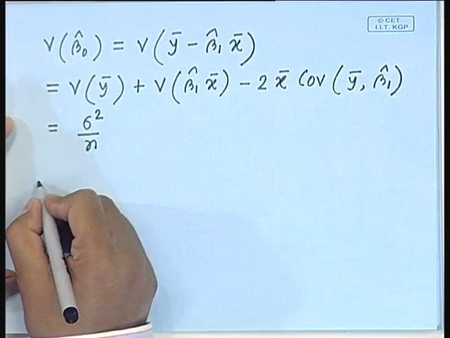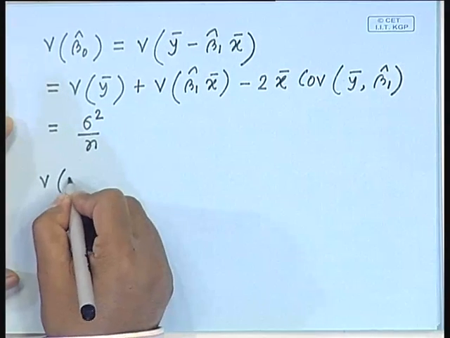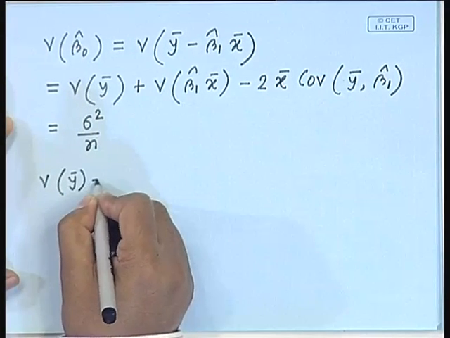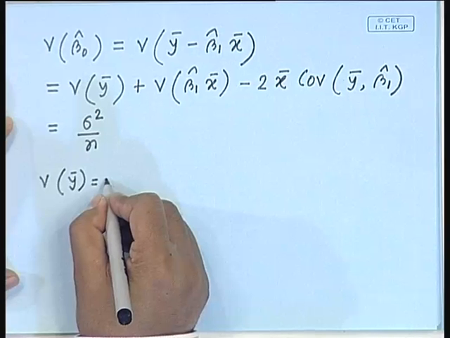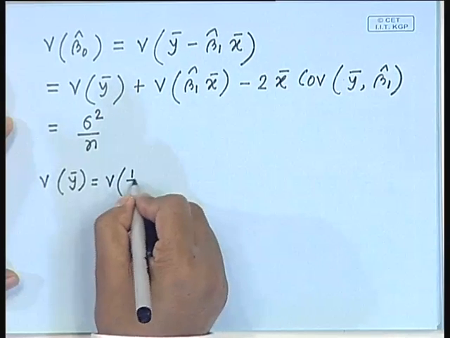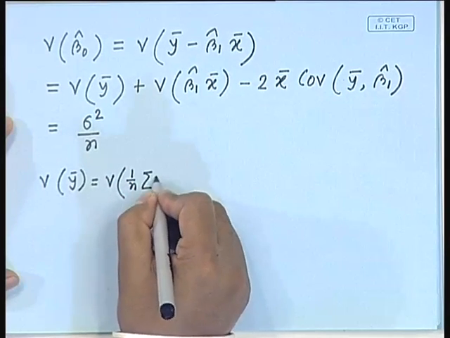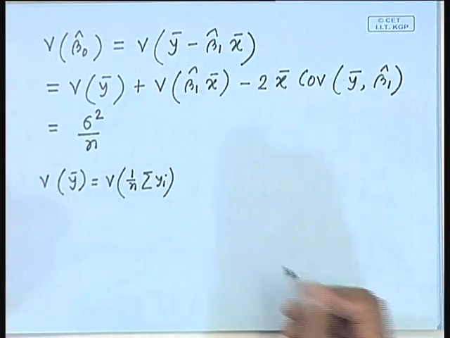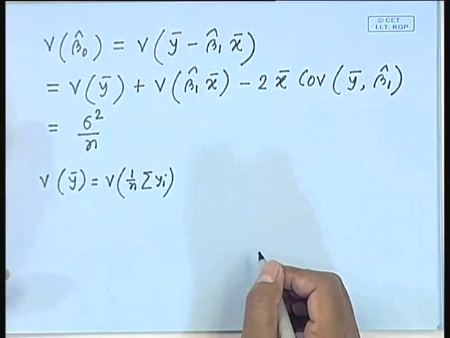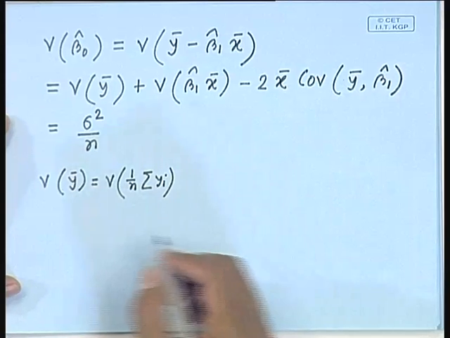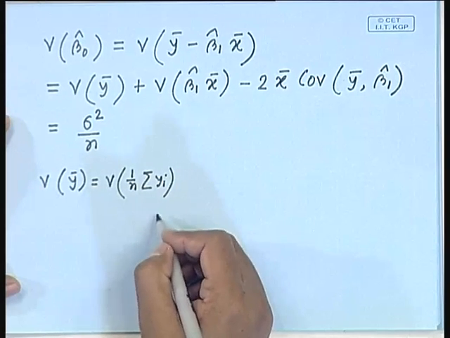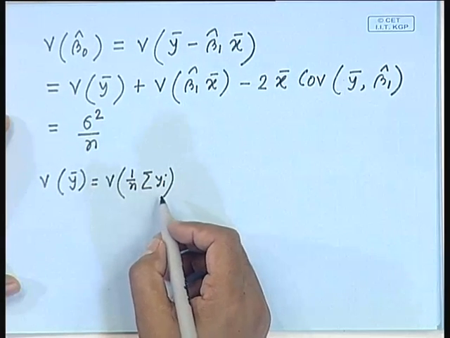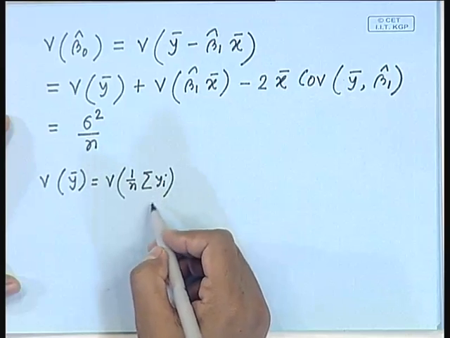Let me prove this. Variance of y bar is equal to the variance of 1 by n summation yi. Now, yi's are independent, that is the assumption we made at the beginning, because epsilon i's are independent. So yi's are also independent.